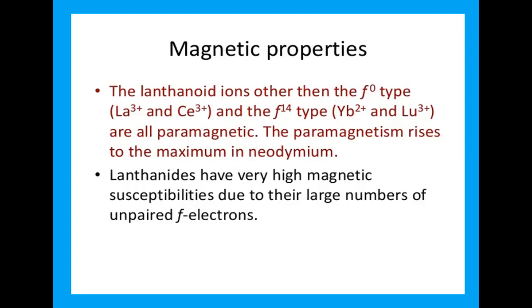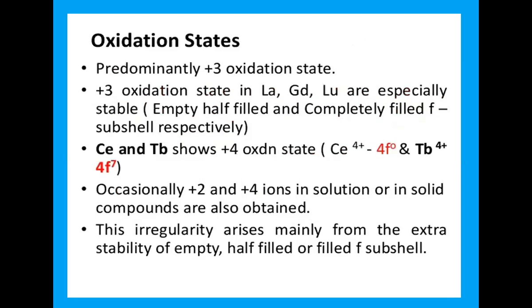The paramagnetism rises to a maximum when we reach neodymium. These lanthanides have a very high magnetic character due to a large number of f unpaired electrons. As for oxidation state, predominantly they show the +3 oxidation state.